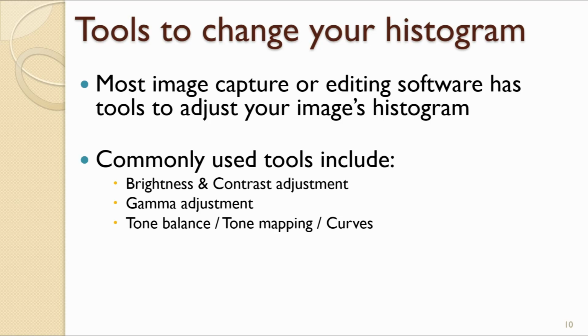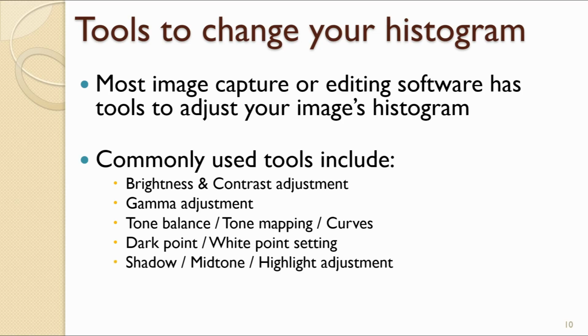They're all kind of similar. There's also dark point, white point adjustments, or shadow, mid-tone, highlight adjustments. These image processing tools have different names, but they essentially do very similar things to the histogram. To give you a better understanding of what these tools are doing, I'm going to go through a couple of the more common tools that are used.